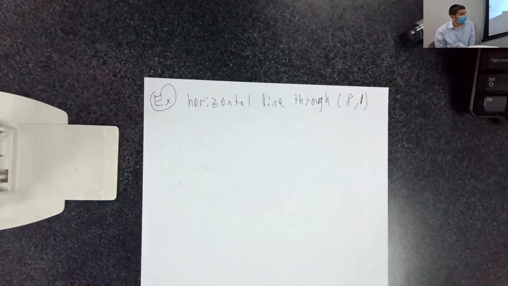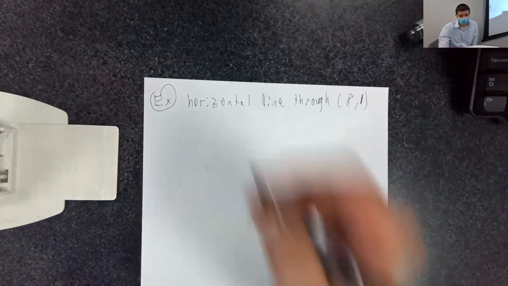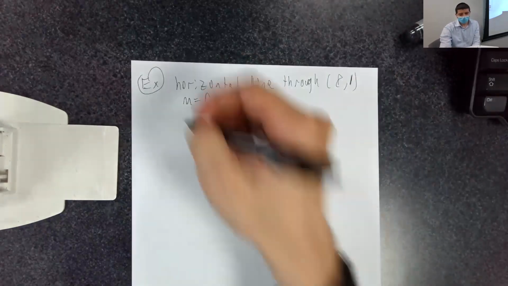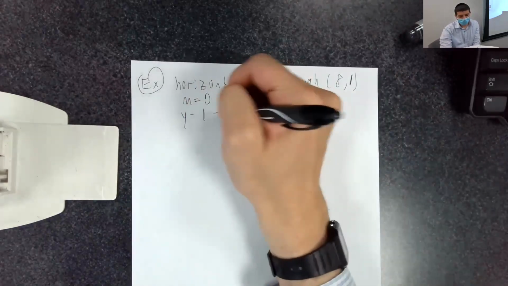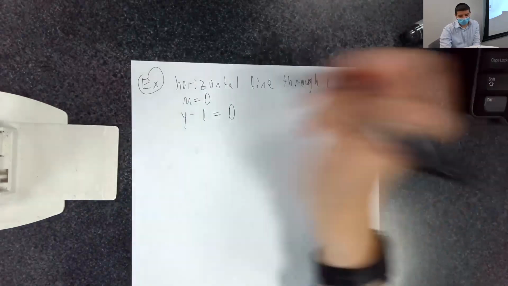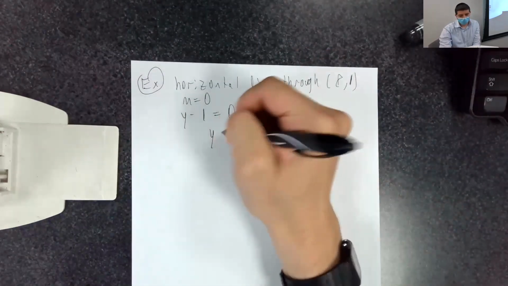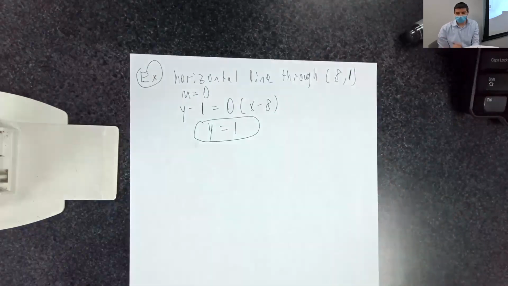What slope is that? 0, right? 0 slope. So m equals 0. So then y minus 1 is equal to 0 times x minus 8. So y equals 1, right?